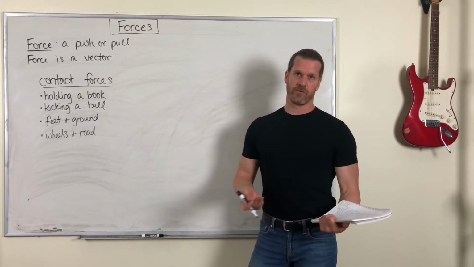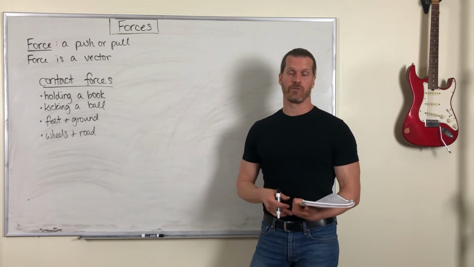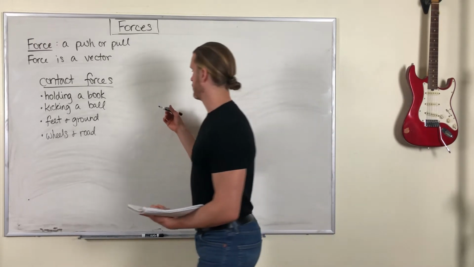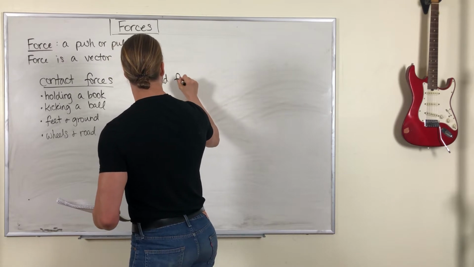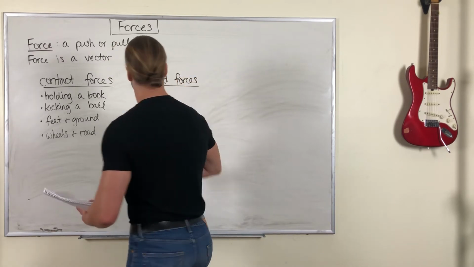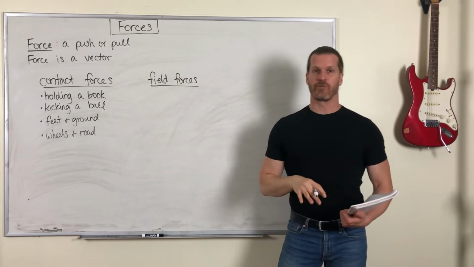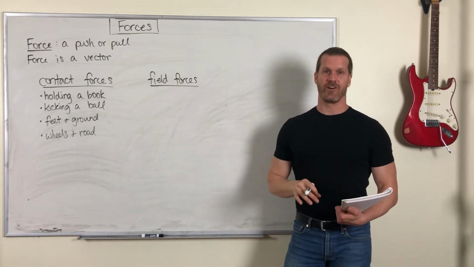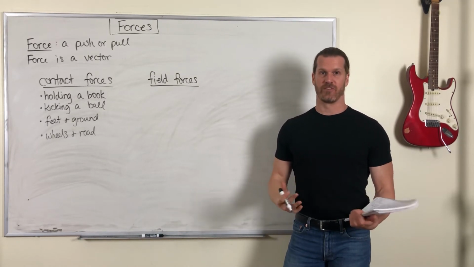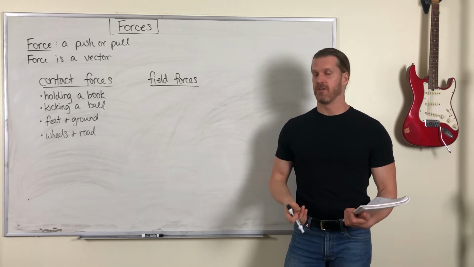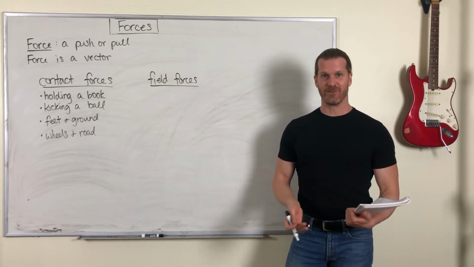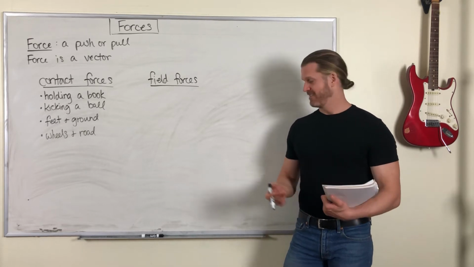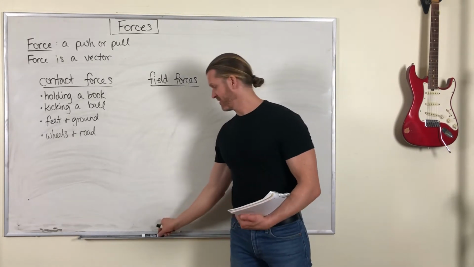Now, the other category of force is maybe a little bit harder to picture. This is a field force. Field forces do not require direct contact to produce the push or pull, but these still happen all the time, and you are familiar with them. Gravity is a field force.